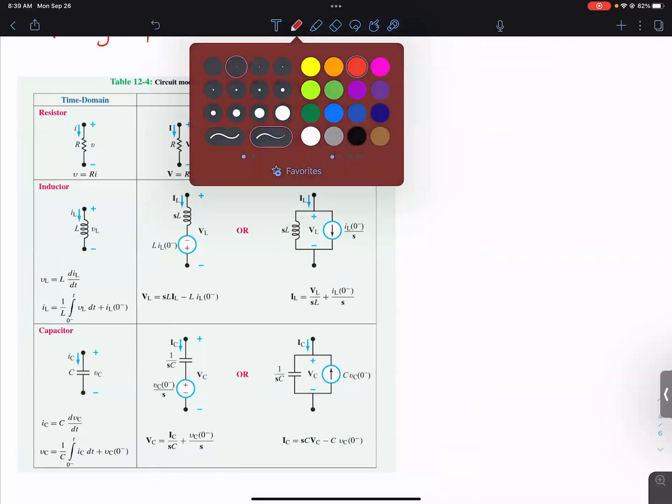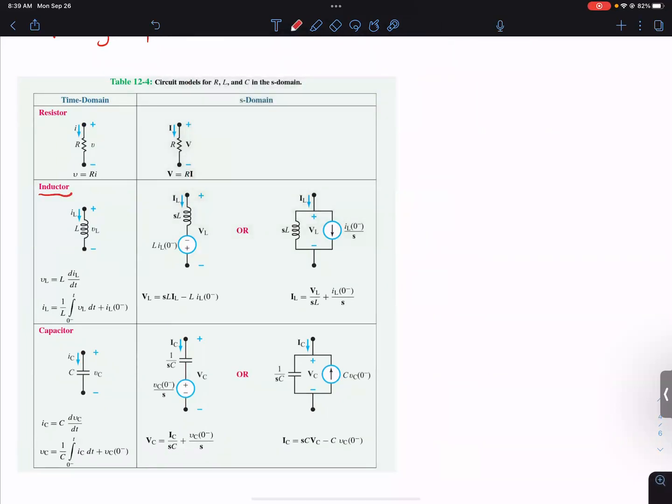For the inductor, you have V_L equals L dI_L/dt. And if you look at the I_L portion, it's going to be 1 over L times the integration from 0 minus to t of V_L dt, plus I_L of 0 minus. So if you write it in the form of a voltage, V_L, it's going to be SL as the inductor translation, and it looks like just an impedance.